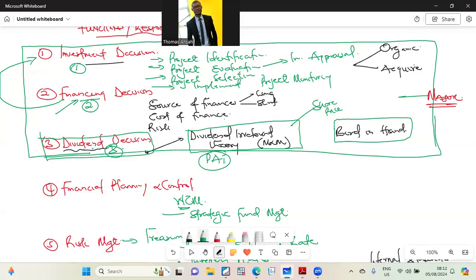So the dividend decision is the first thing he's looking at before he can give you the finance to go and do the investment. Another person will also say that, okay, you found the investment, you determine the source of the finance, and you are telling the person that since you are the one giving me the finance, I will also be paying you dividend of a certain amount. So you see, it's not by force that one should be the first. It depends on how you explain them. So there is no straight answer to that.